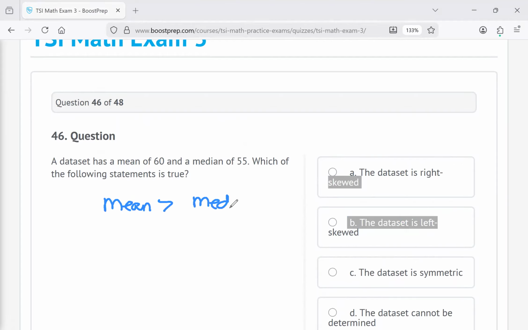Is this true? What is our mean? It's 60. Is it greater than our median, 55? Yes. So this is how you know it's right skewed: if the mean is greater than the median, that's how I know it's right skewed.